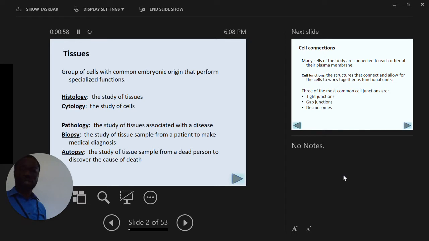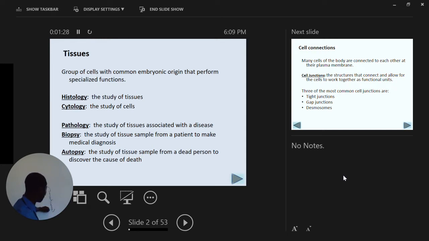So examples of tissues, there are 4 types of tissues. And I use the word SEMEN for them. Now, when you hear semen, you think of S-E-M-E-N, right? But now, think of it as an acronym. The S-E-M-E-N means that this is connective tissue.